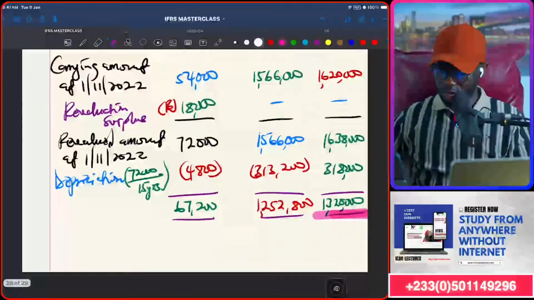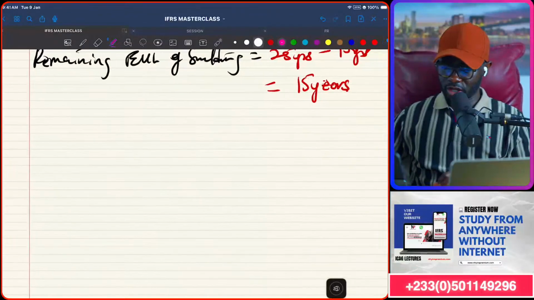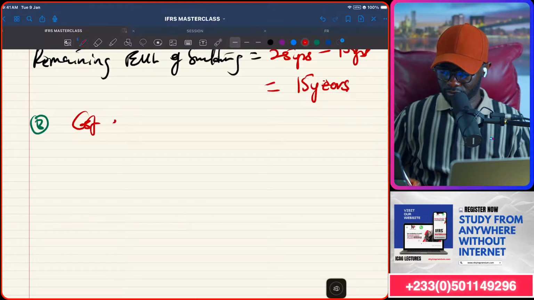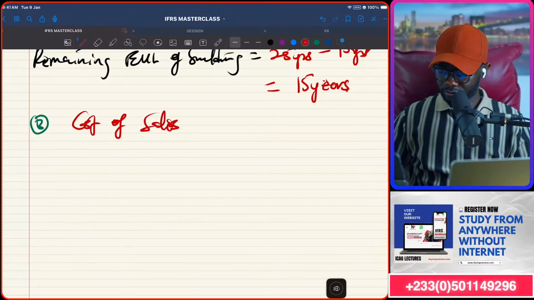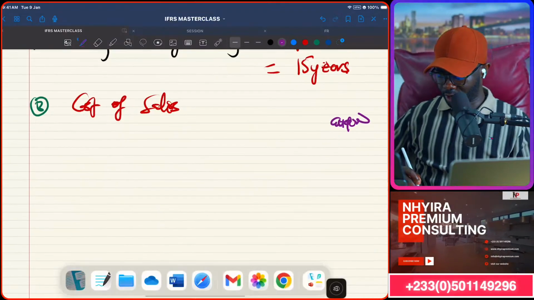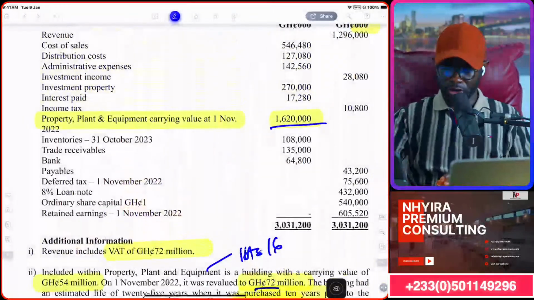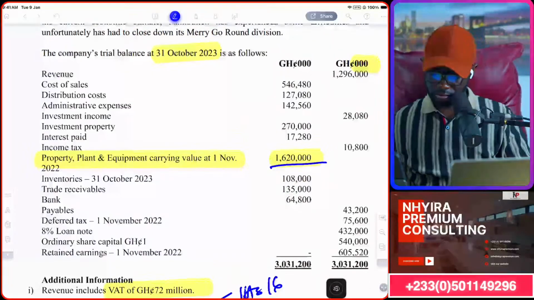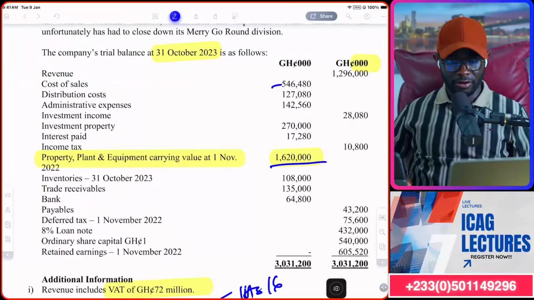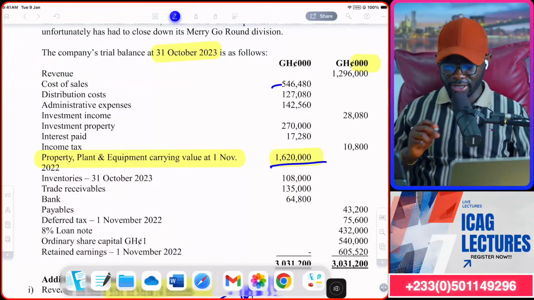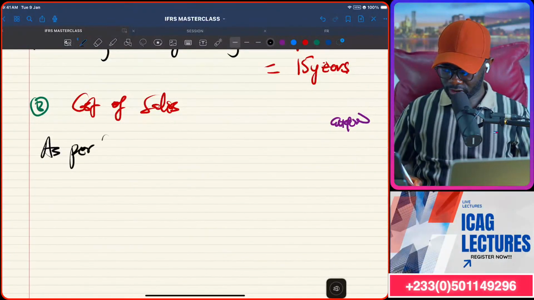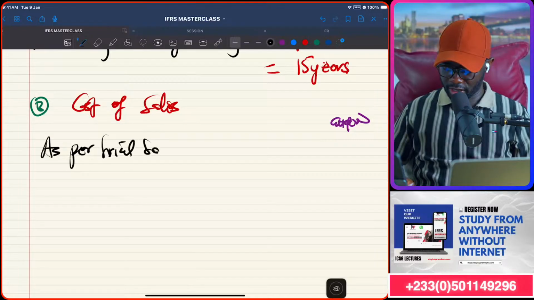So I go to my workings 3, and that's going to give me cost of sales. So we bring as per the trial balance on cost of sales. As per the trial balance, 546,480.